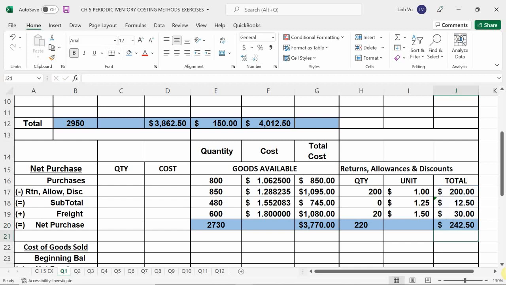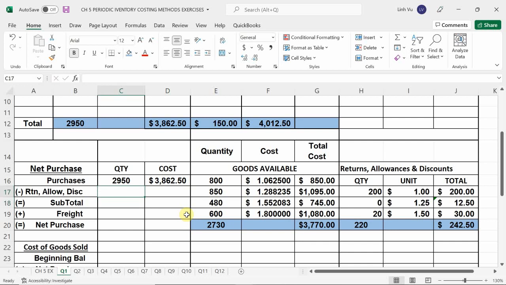$242.50. Good. So now that I solved for all of my numbers, let's plug it into this section here to determine my total net purchases. This is what I originally purchased, right? I purchased everything, 2,950 units at $3,862.50.